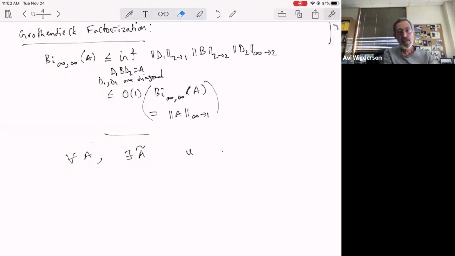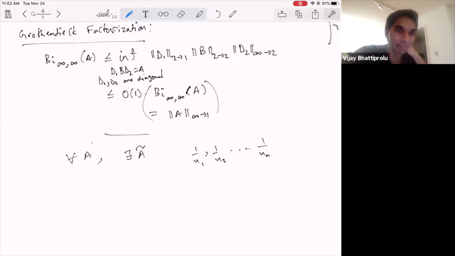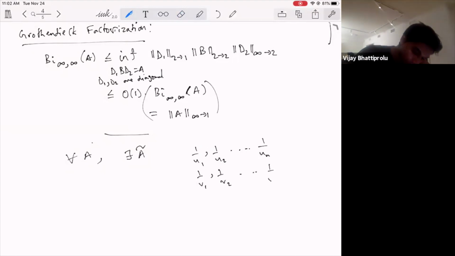I need to be careful here. If 1 over U1, 1 over U2, till 1 over Un is the vector reweighting the rows of A to get A tilde, and 1 over V1, 1 over V2 till 1 over Vn is the vector reweighting the columns of A to get A tilde.